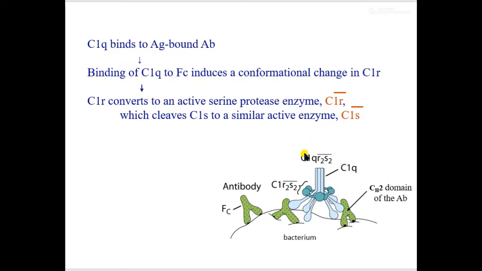You just see, this is an antibody bound to a bacteria, and onto the Fc portion of that, C1q is coming in and binding, and onto C1q you have the activated C1r2 and C1s2 components bound. So this is the formation of the first complex. The classical pathway gets activated.